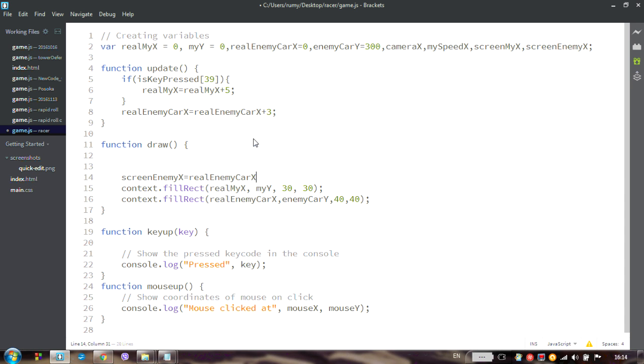Let's understand that there are only 500 pixels to the right from the player to the enemy.